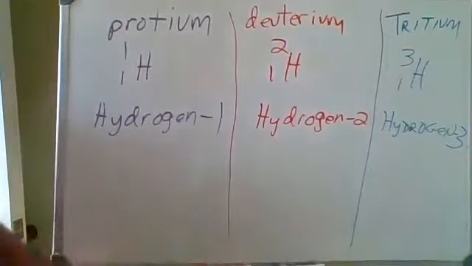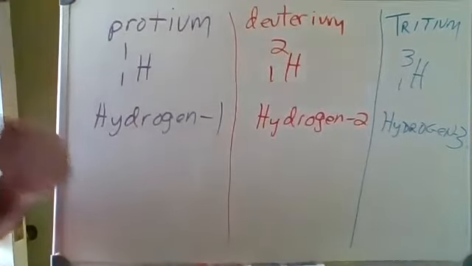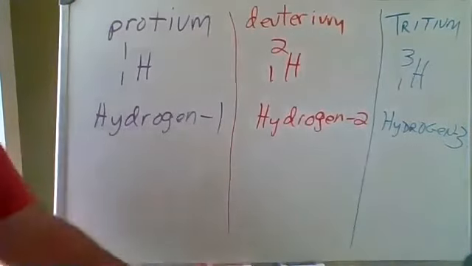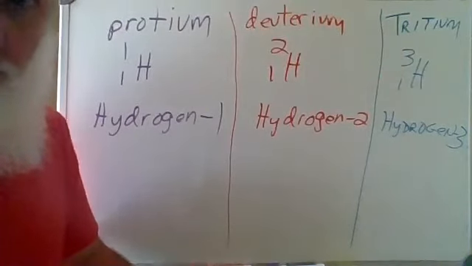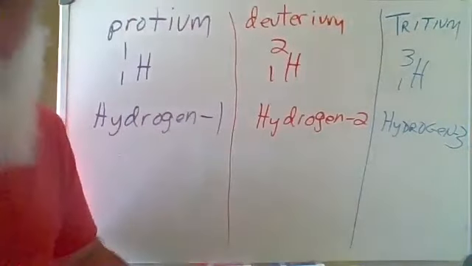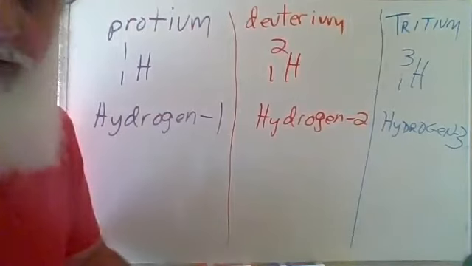What do you think the dominant isotope is of oxygen? What mass? 16. Okay, carbon 12 is the dominant isotope, 14 for nitrogen.